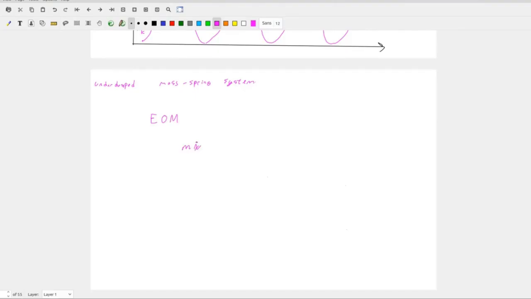We have m x double dot of t plus c x dot of t. There's an error in the notes. There should be a t there in number 33.